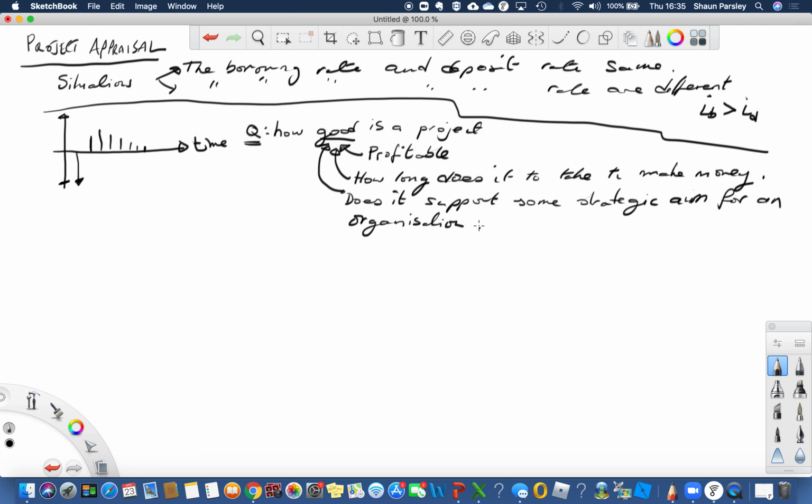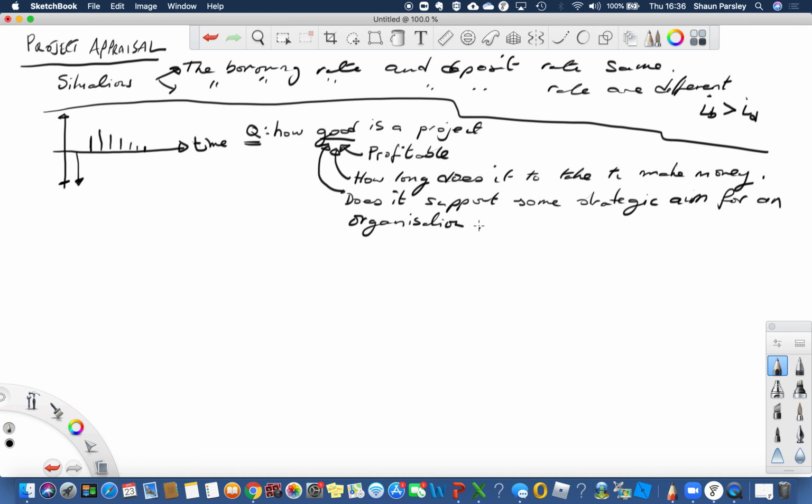And we look at a particular project, and it might not look massively profitable compared to other projects, but you can get it onto the quotation system, so that meets that strategic aim of the group or company or whatever.